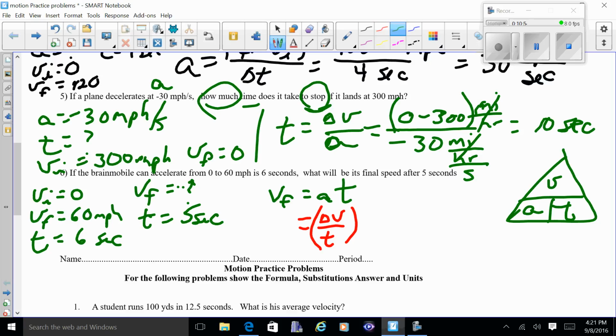And it said that I could do that in 6 seconds. Then it says it wants to know how fast you'd be going after 5 seconds. So I'm going to put the 5 seconds in for this time. Well, if I take 60 divided by 6, I get 10. 10 times 5 gives you 50 miles per hour. That's a little tricky because it's like doing 2 problems in one.